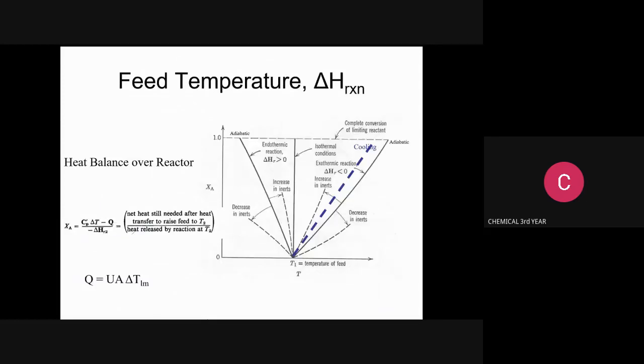Before the temperature or heat effects or equilibrium or kinetics, we have to study the nature of the feed. The first major thing is temperature. What is the temperature of the feed?